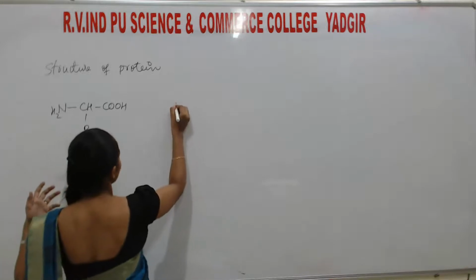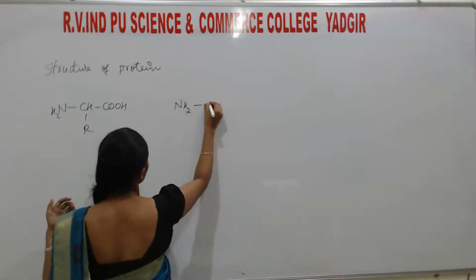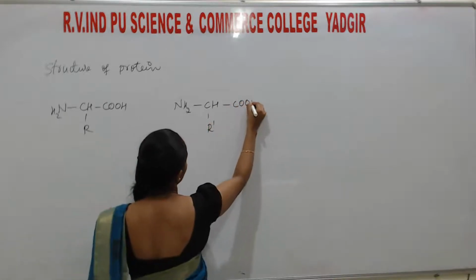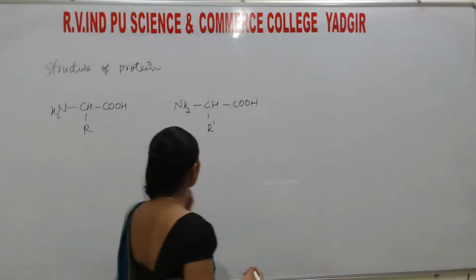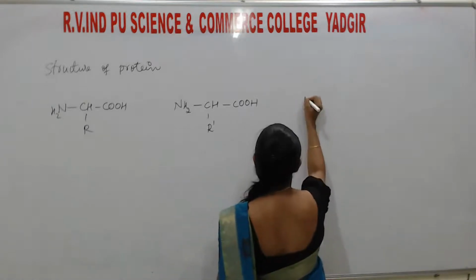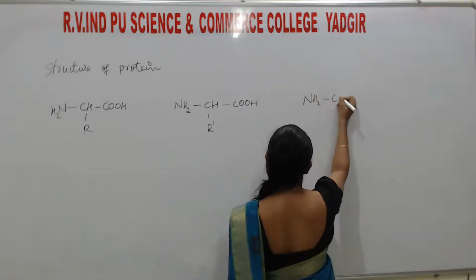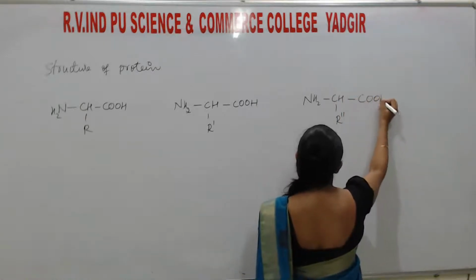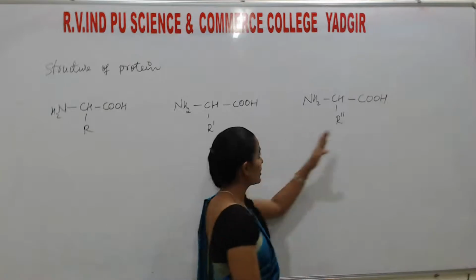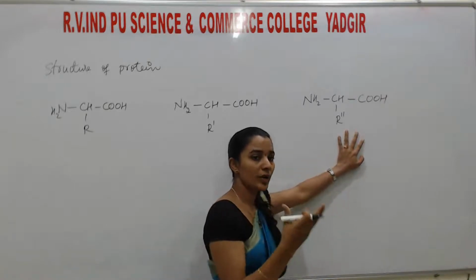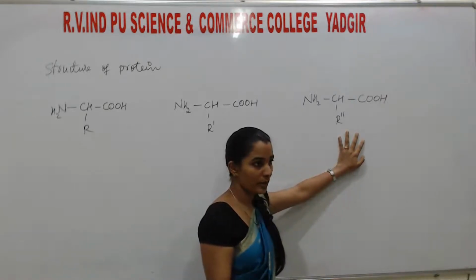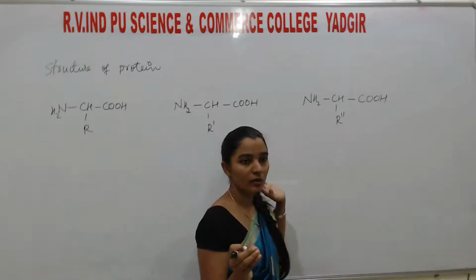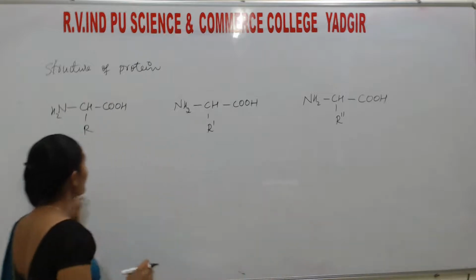Consider another molecule of amino acid. This one is R dash. Now consider another one. As I told you, this R dash, R double dash may be a C group, H group. That depends. Now I represent the R groups. On the basis of that, we can select any one R group.